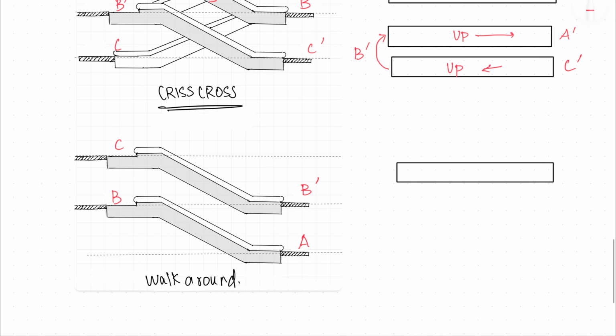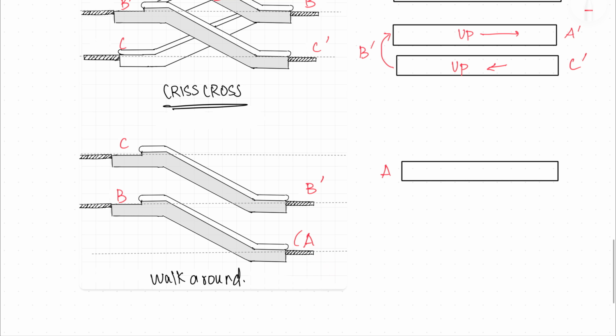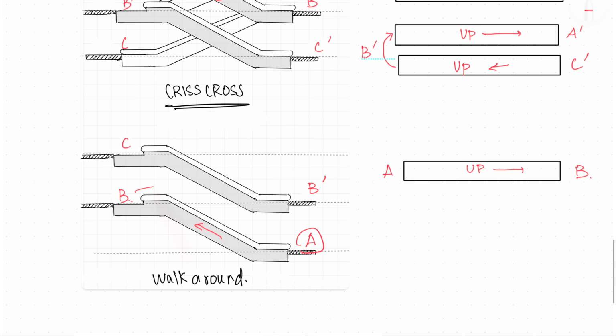You are starting at A, you'll go up to B, and at level B you have to walk around, reach B dash, from where again you'll go up to C.